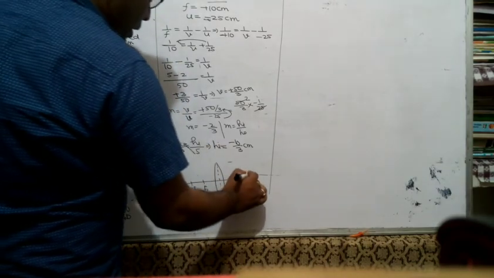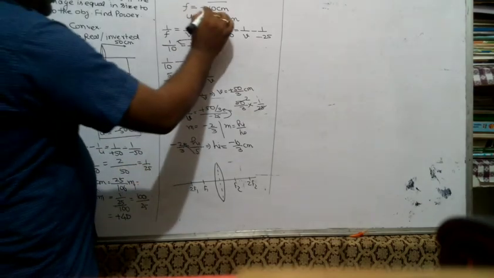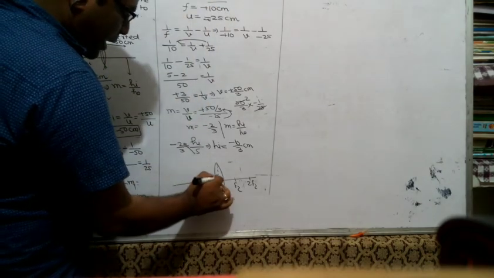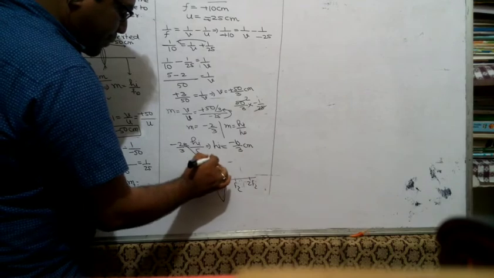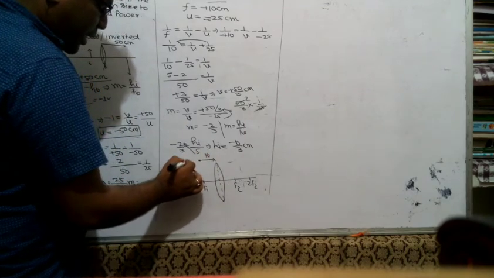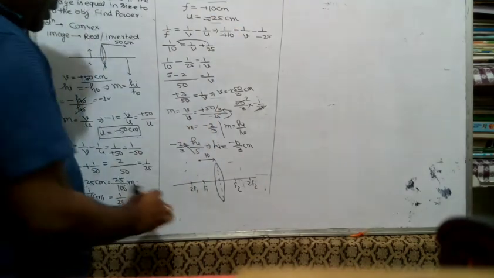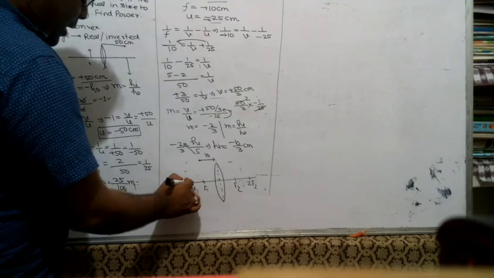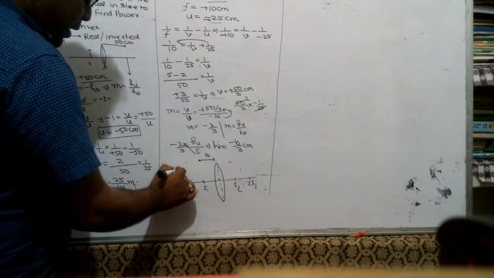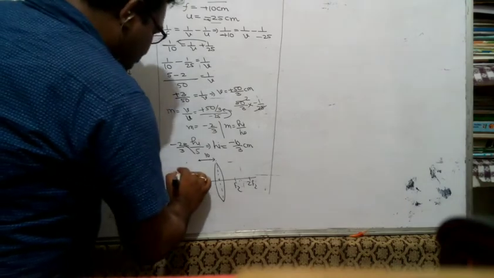Then f2 and 2f2. Now beta, focus is 10 centimeter. So from here to here it is 10 centimeter. So double is 20 centimeter. From here to here it is 20 centimeter. An object is placed 25 centimeter. So 10, 20, 25. So object is here, beta. It means object is placed beyond 2f1.